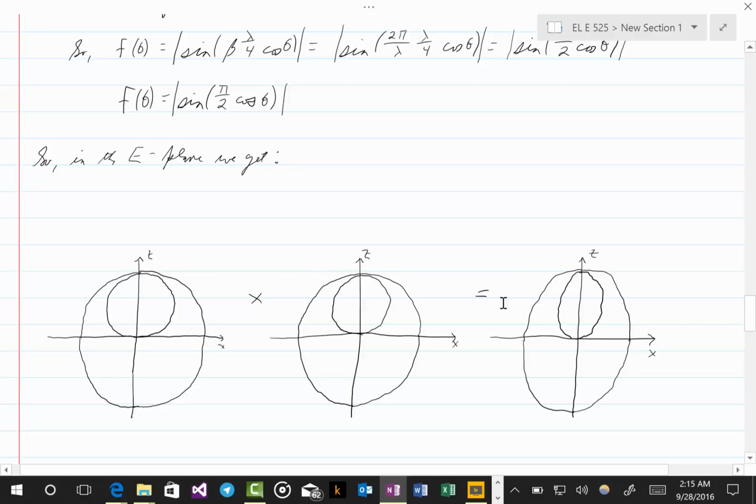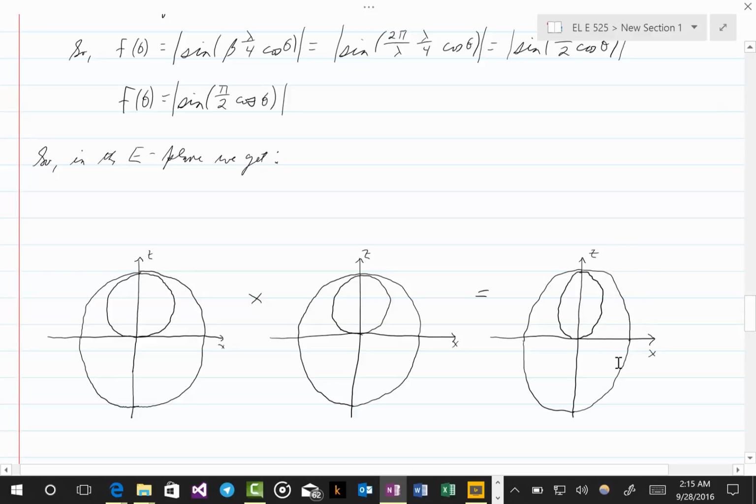And once again, when we multiply these two things together, we get a graph that looks similar, but it's narrower. We get a narrower beam, but a beam that otherwise looks similar to these two. And so this will be the complete pattern in the E field for the horizontal dipole.